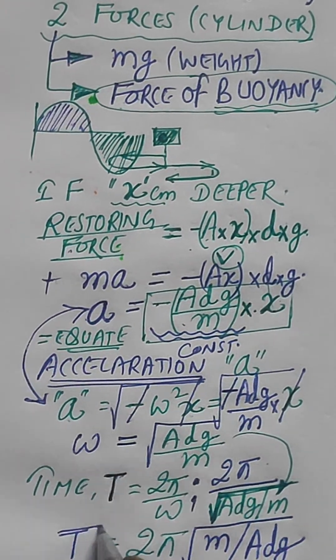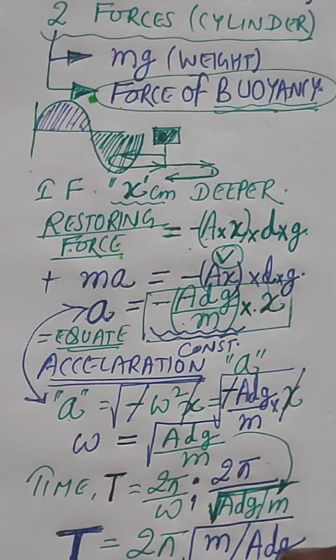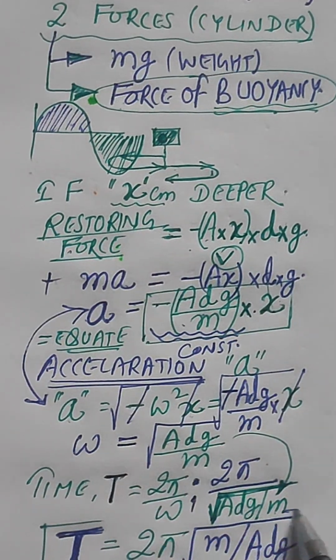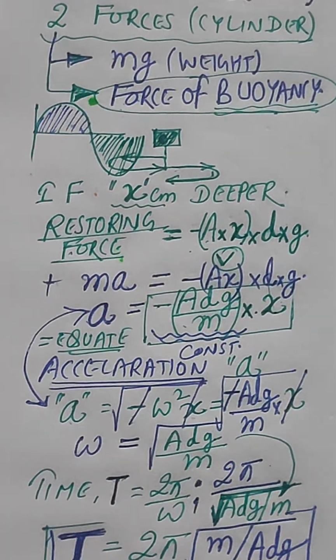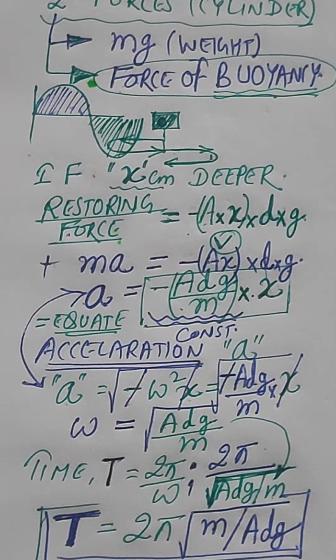So this will be the time period of oscillation of a cylinder which is dipped into a liquid, and the time period of oscillation of that cylinder is 2 pi root over of m by adg.